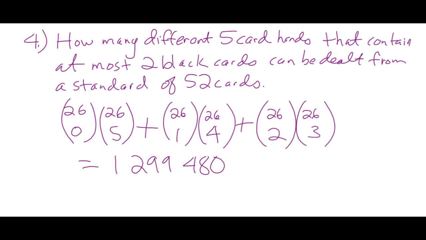I need no black cards and 5 red cards, or 1 black card and 4 red cards, that's why we're multiplying, or plus 26 choose 2 black cards and 26 choose 3 red cards. The top numbers always add to 52, which takes into account all the cards that are possible. And the bottom numbers always add to 5 because we need a 5-card hand.